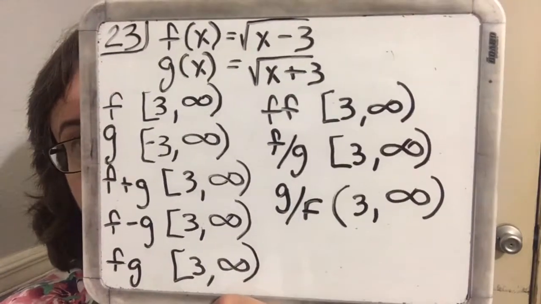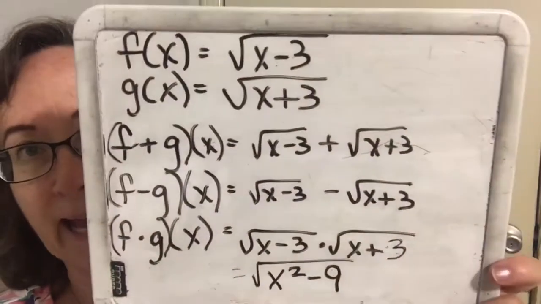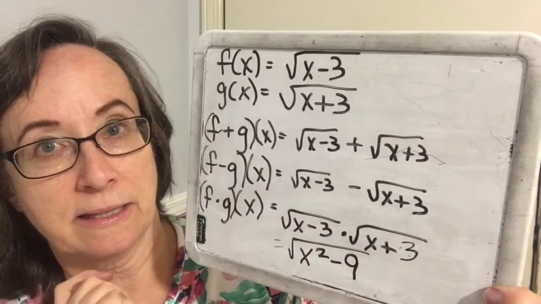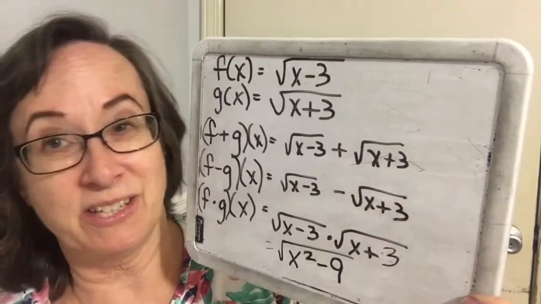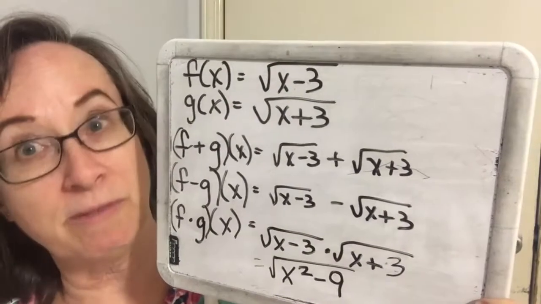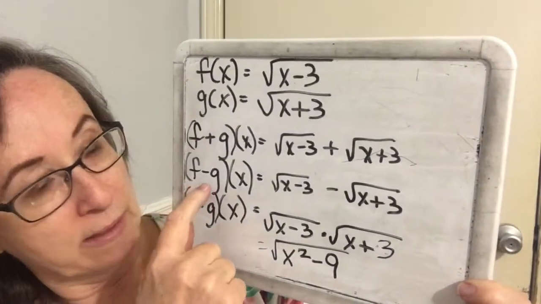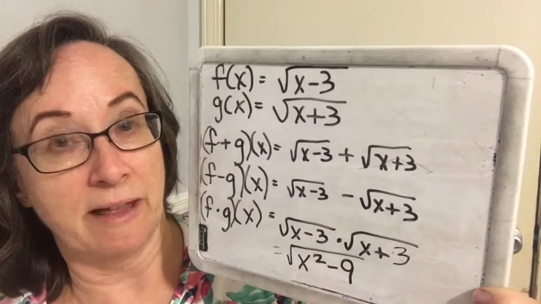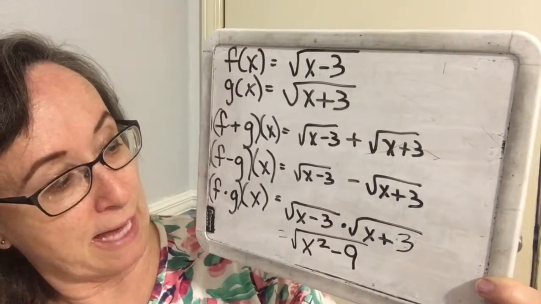And now we're going to take those same functions and we're going to add them together. So here's our f plus g of x. And we're just going to add the two square roots together. We really can't do anything to simplify that at all. When we take the difference function, we're going to subtract the 2. Nothing we can do to simplify that.